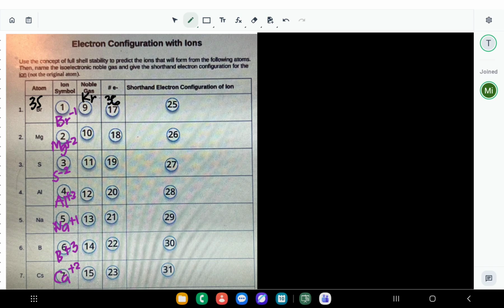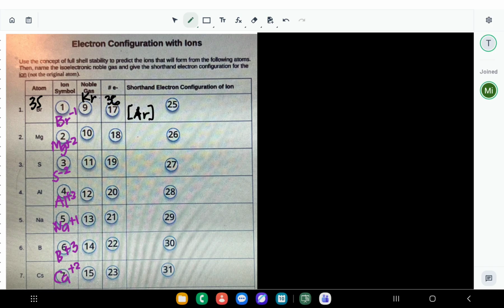But for the shorthand, we will use the noble gas right before bromine. What is that noble gas before bromine? Argon. How many electrons does argon have? 18.